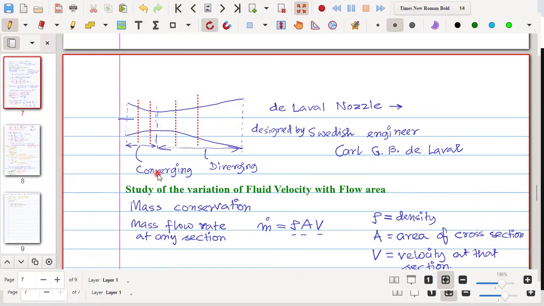So that is for incompressible flow, but for compressible flow, the thing is different. This is similar in geometry to the Venturi in incompressible flow, but the actions are different. For a compressible flow, the variations will be different.